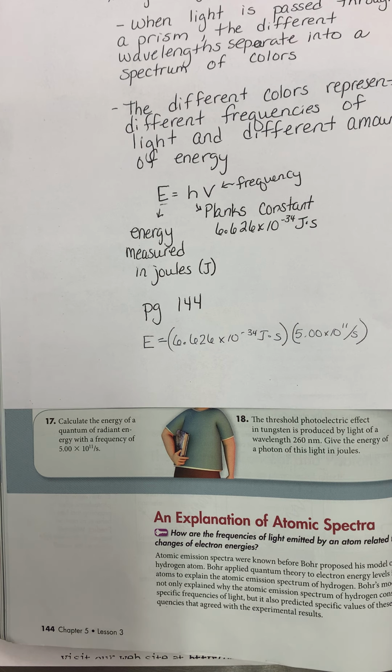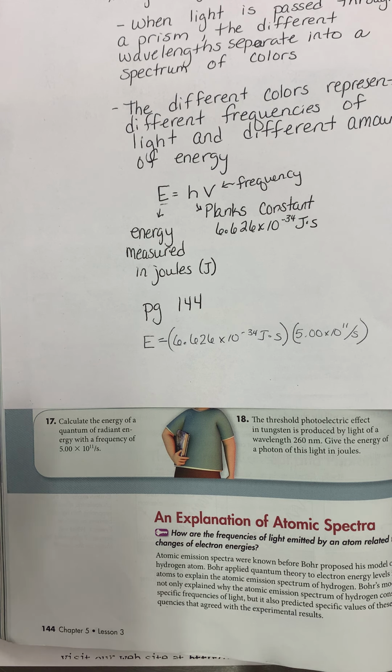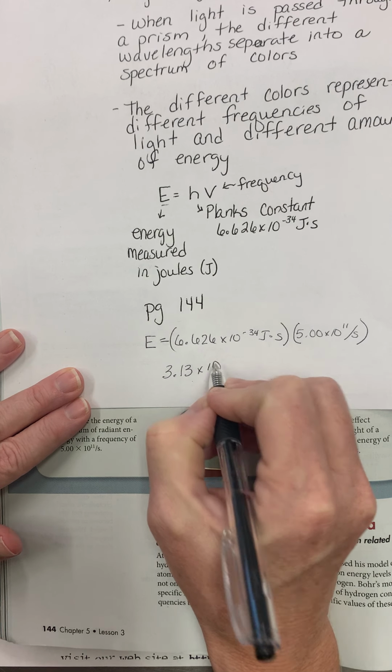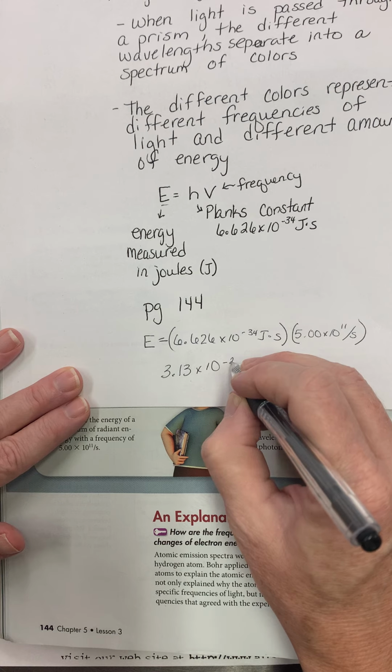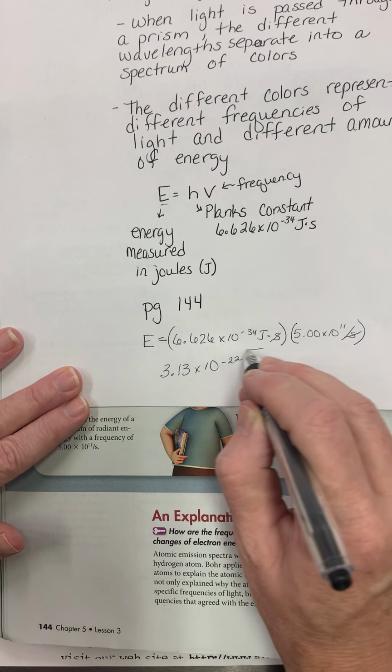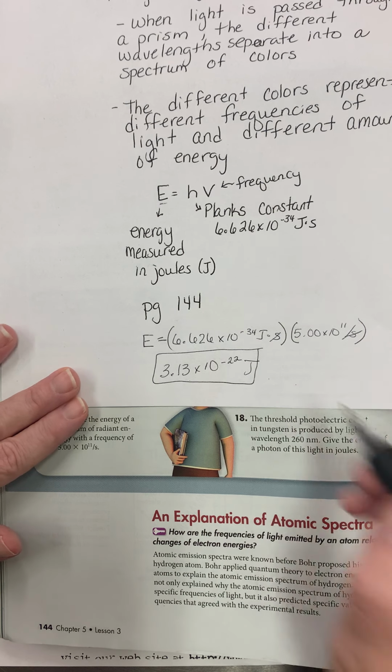And when we multiply those two numbers together, we should get the energy in joules. So 6.626 times 10 to the negative 34th times 5 times 10 to the 11th, and I get 3.13 times 10 to the negative 22nd. Seconds would have canceled out, and that is in joules, which makes sense because we were solving for energy.